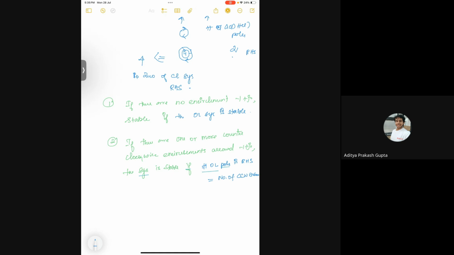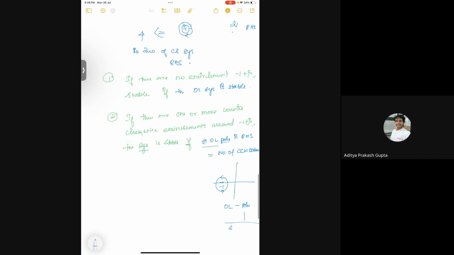Okay, according to the second point, for example, this is -1. One time it has encircled in the counterclockwise direction. Say my open loop system has one pole in the right half of the S plane, for example (s+1)(s-2). One pole is in the right of the S plane and one is in the left. So the number of encirclements around -1 in the counterclockwise direction is also 1.